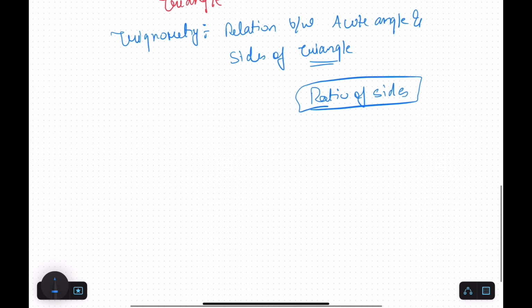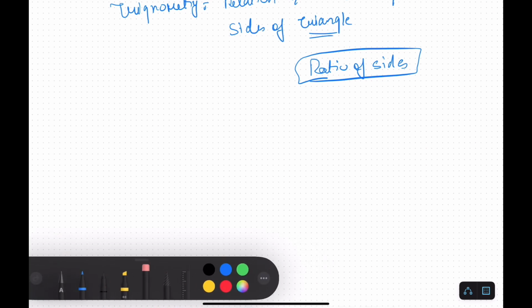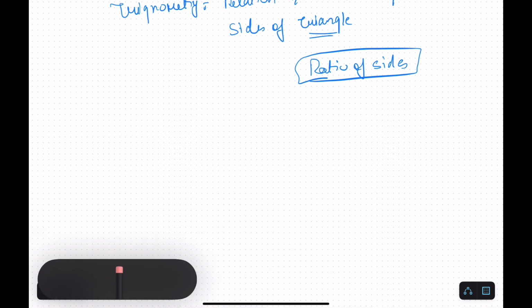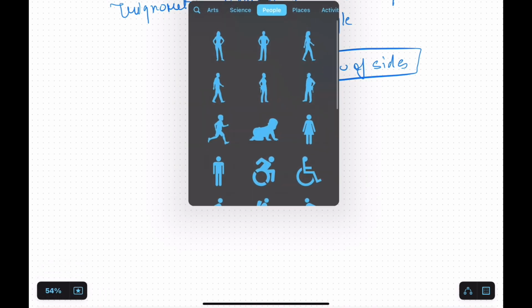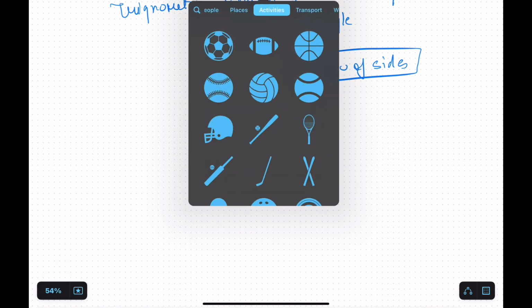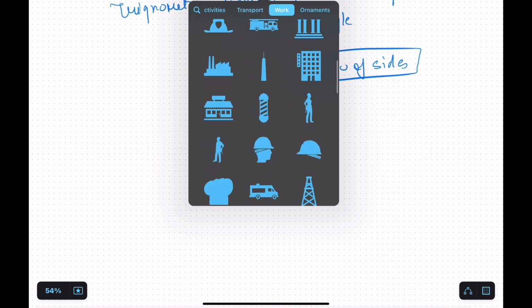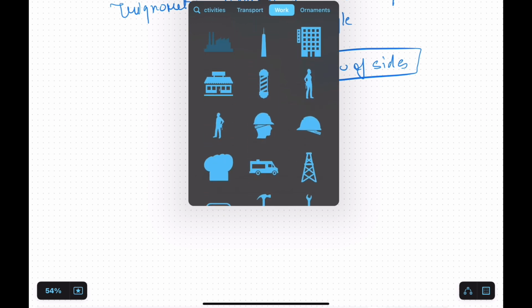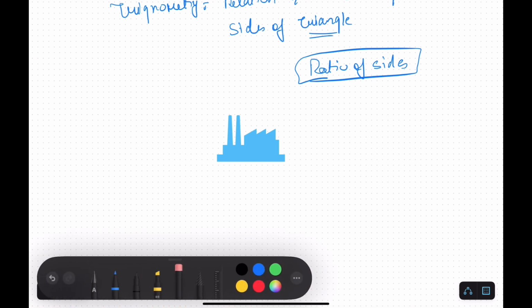You must have heard of a factory, right? Let's say this is a car factory.